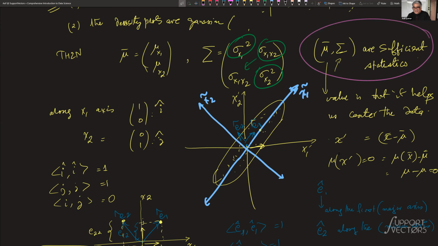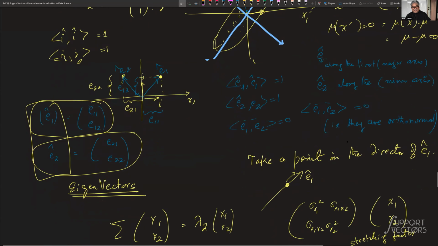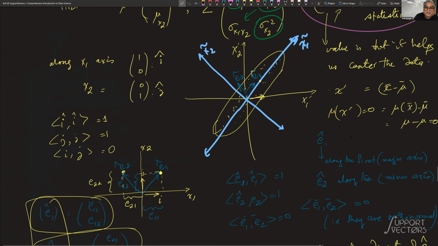So sigma tilde would be equal to sigma x1 tilde square, sigma x2 tilde square. You can find the covariance along the new coordinates, right?